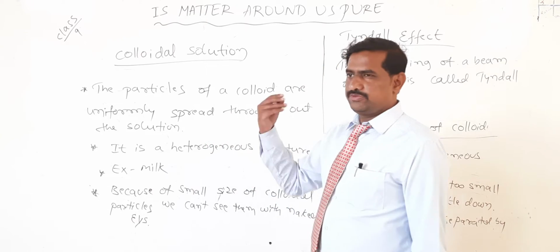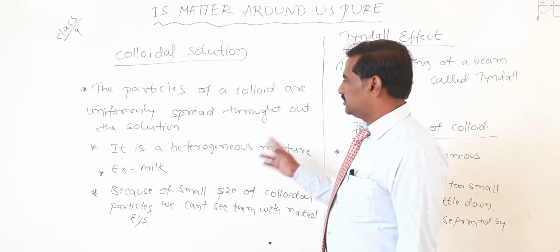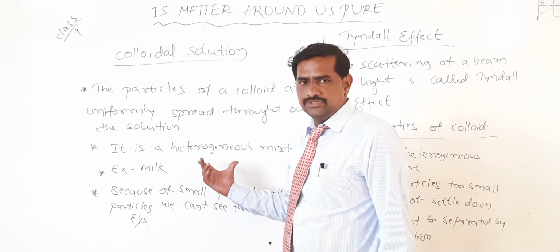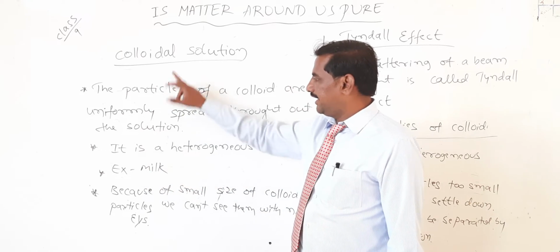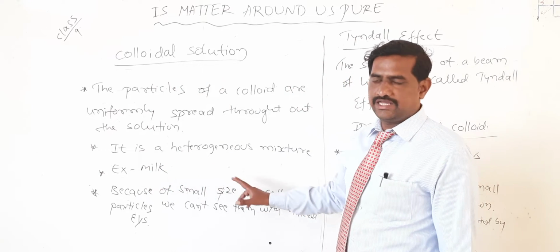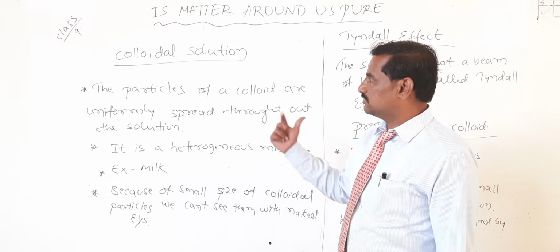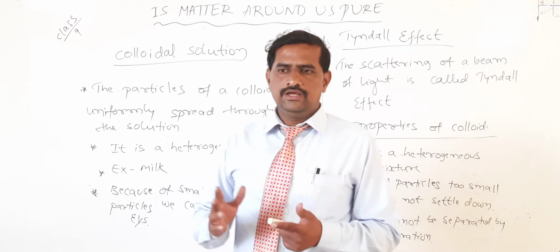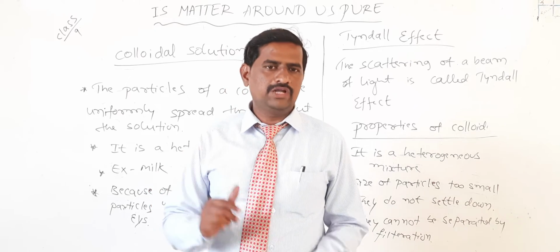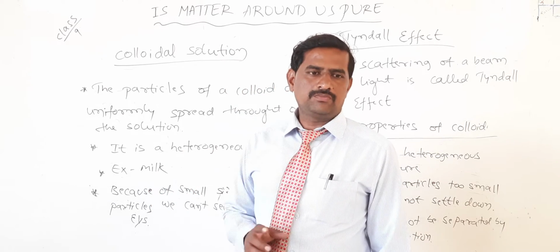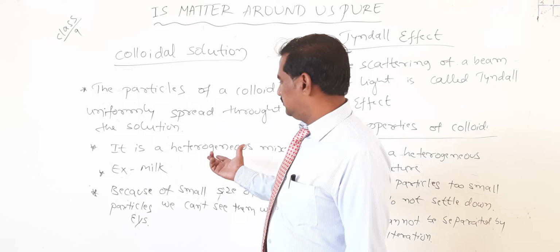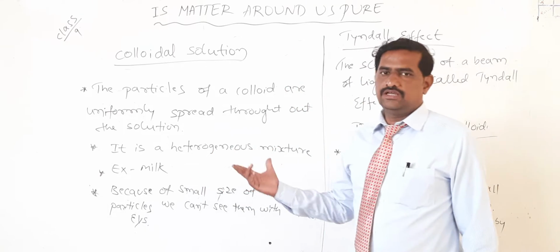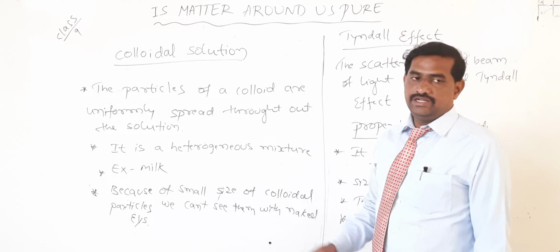It is a heterogeneous mixture, and the example for the colloidal solution is milk. In milk and colloidal solutions, because of the smaller particles, we can't see the particles with our naked eyes.